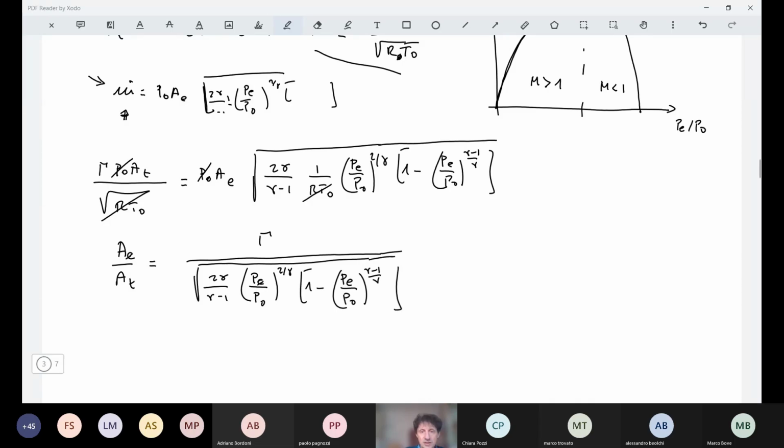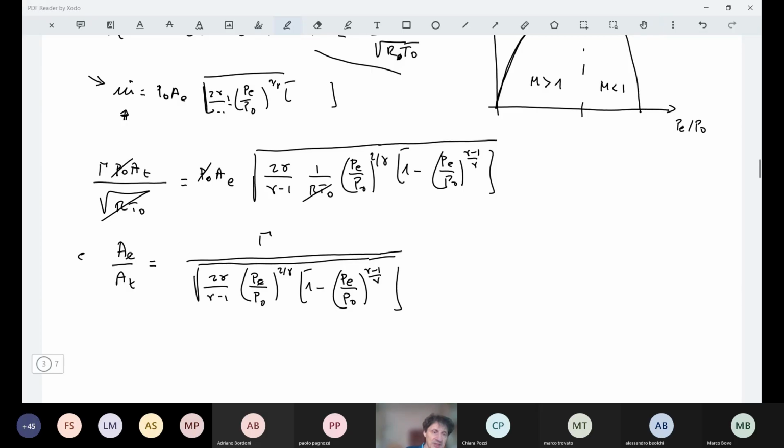So this is nothing new. This is the same law that you have already seen for the case of 1D isentropic flow with area change, except that instead of expressing it in terms of the Mach number, it is expressed in terms of the ratio P over P0.